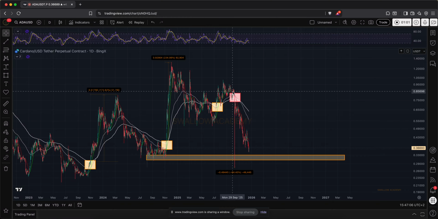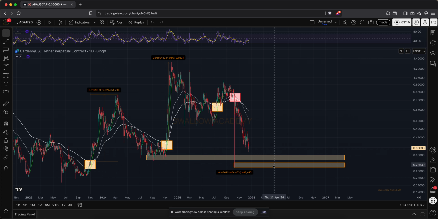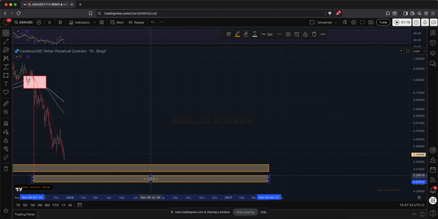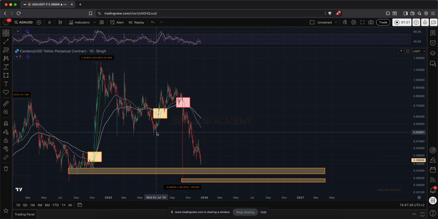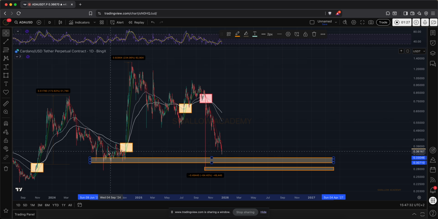But then we had this doomsday movement and price just fell back down to the lows of the low. Now, a few things we are going to be looking at while trading Cardano. That's a little bit too big of a zone for now, so narrow it down. The first zone is the support area on the daily time frame, which previously acted as the accumulation zone.